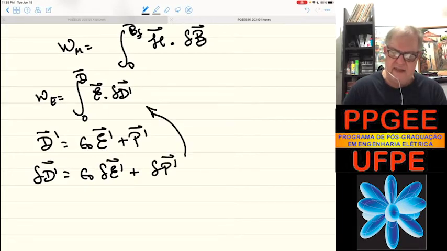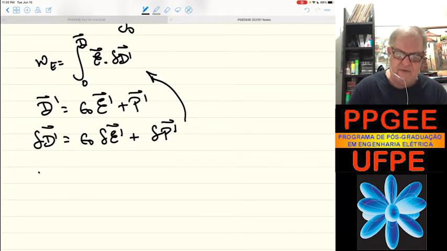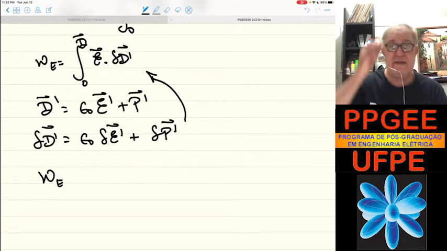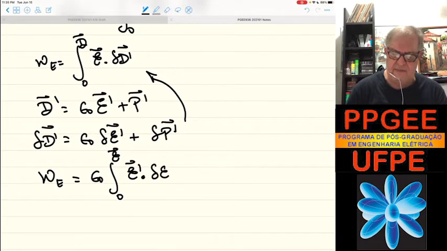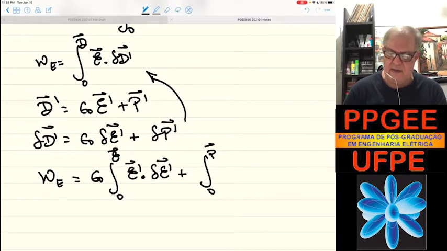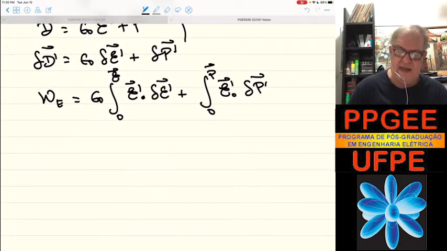If we put that in there, we're going to have W, the energy density, equals epsilon 0 integral, now from 0 to E, of E prime delta E prime plus integral from 0 to P of E dot delta P prime, right? So that's what we have.